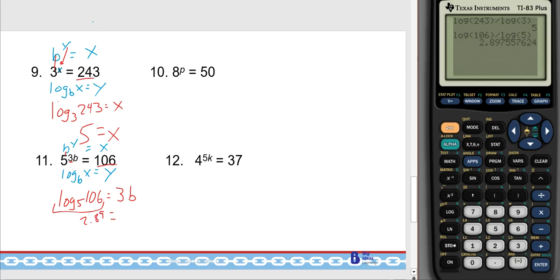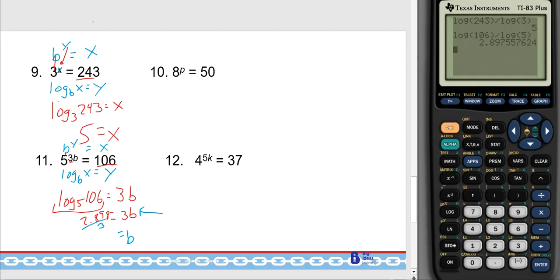So this is going to be 2.898 equals 3b. In reality, I would probably not even write this step down on my paper, because I know to get b by itself, I'm going to have to divide all of this by 3. So I would just go right back to the calculator.